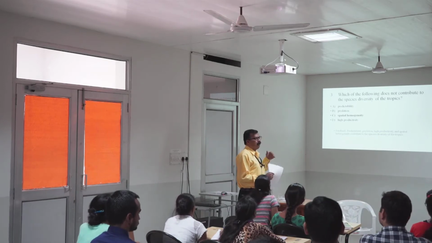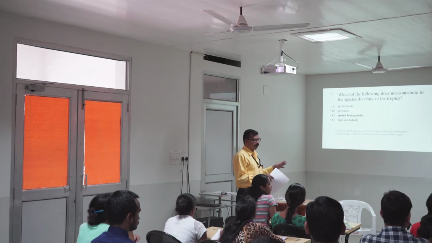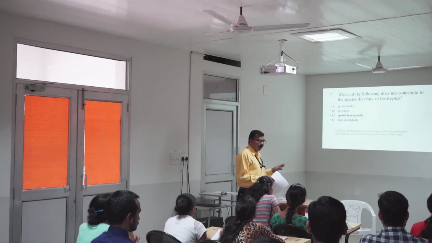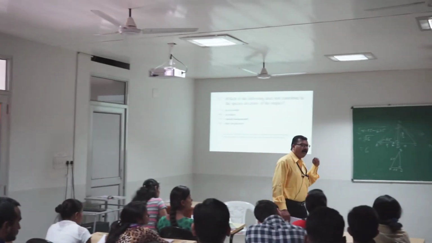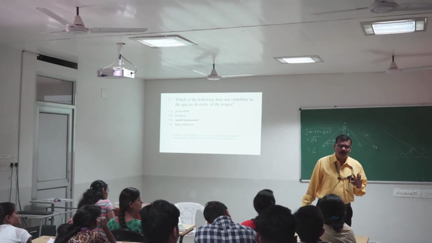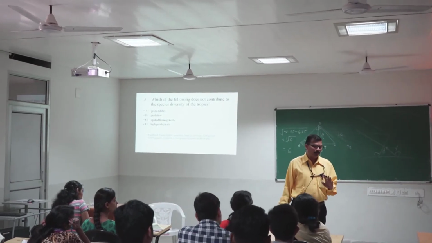Predictability, predation, this is a part of the food chain and the ecosystem. You have to read. Now these are basic ecology questions. For this you can refer to any basic ecology book, that will help you.